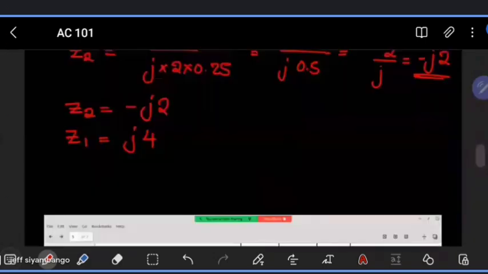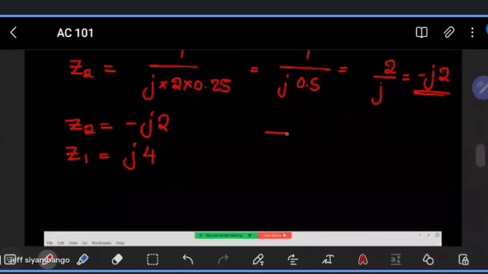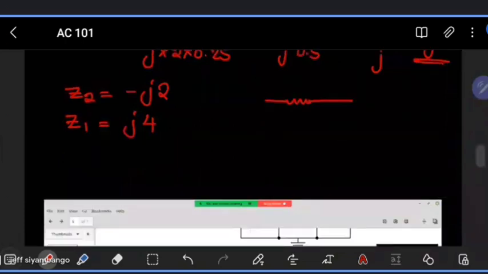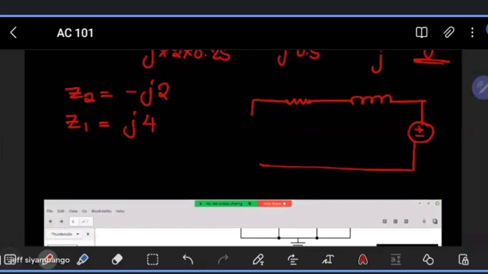Well, for our circuit, all we're now seeing is a resistor here, a normal resistor, and then we have an inductor here. Then we have a source here. And then we have another source here. And then we have a capacitor here.